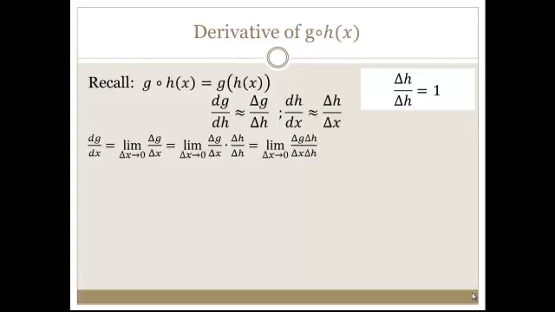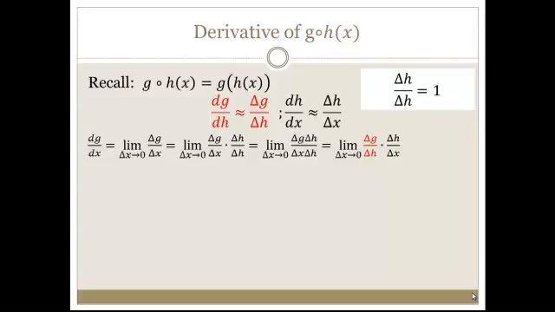Multiplying across top and bottom, we can rewrite this as the limit as delta x goes to 0 of the change in g times the change in h all over the change in x times the change in h. Pulling this fraction back apart, with the order switched in the bottom, we have the limit as delta x goes to 0 of the change in g over the change in h times the change in h over the change in x.